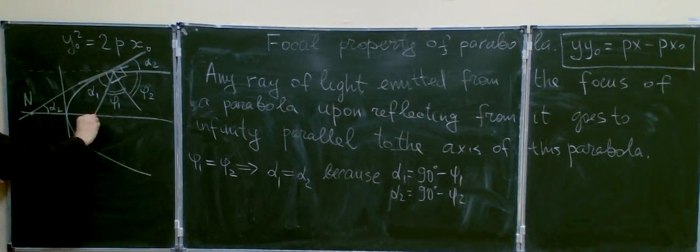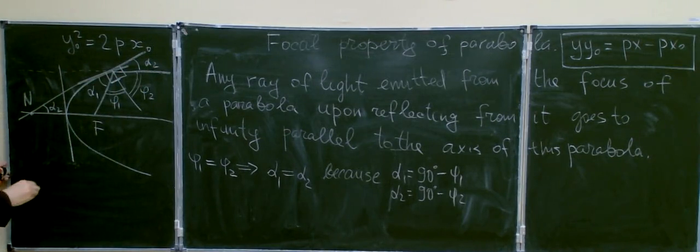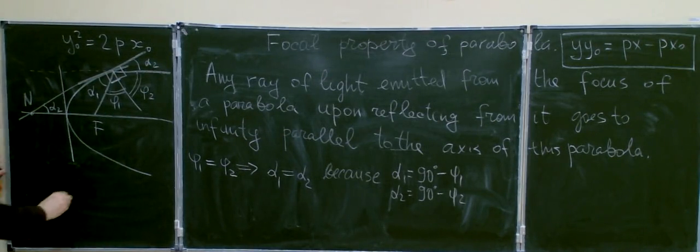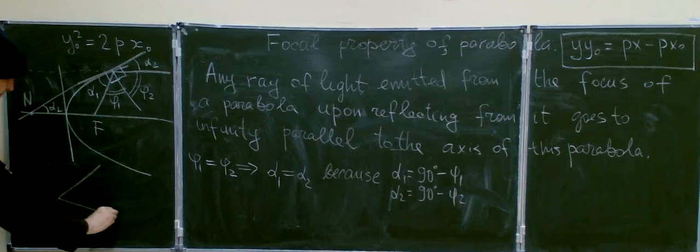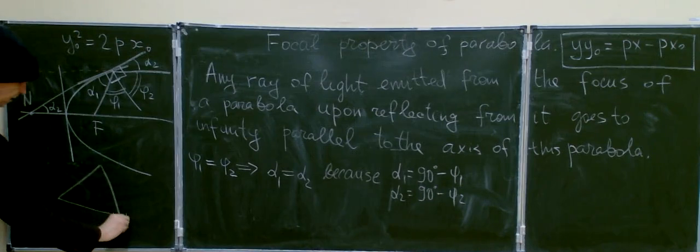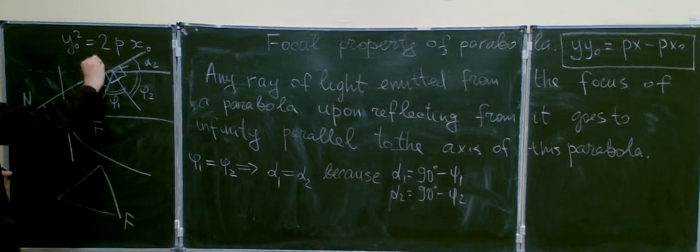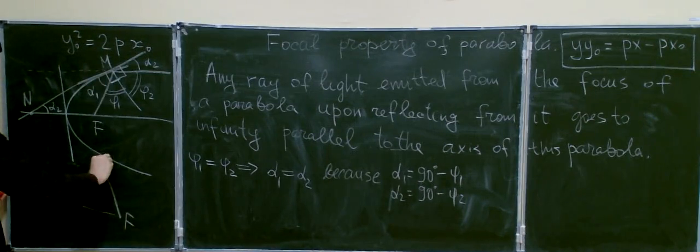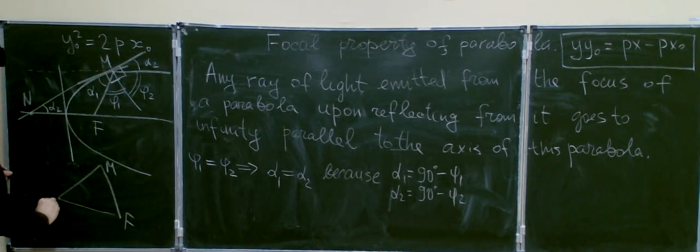So if we consider the triangle F M N, in this triangle, two angles are equal to each other.